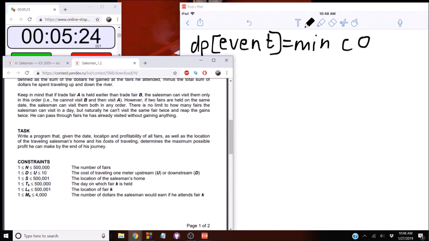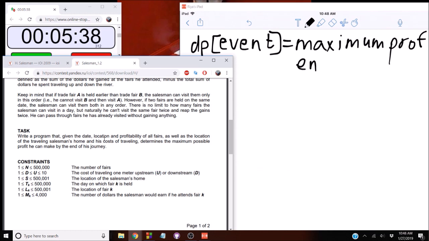Oh, we don't want the min cost, we want the maximum profit. Maximum profit ending at this event. Because our answer is the maximum profit, so we'll make our DP equal to the maximum profit.